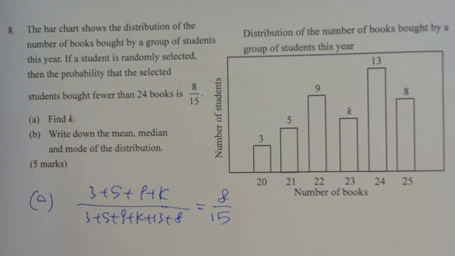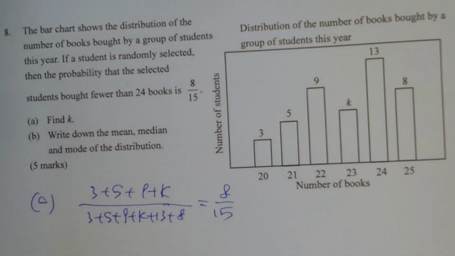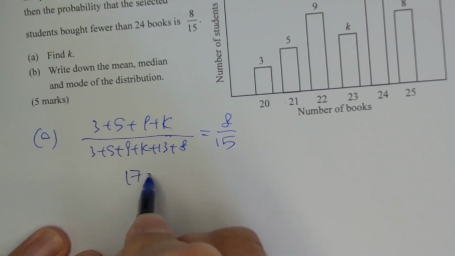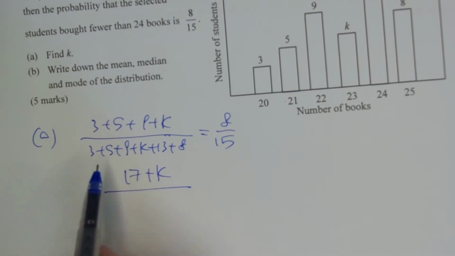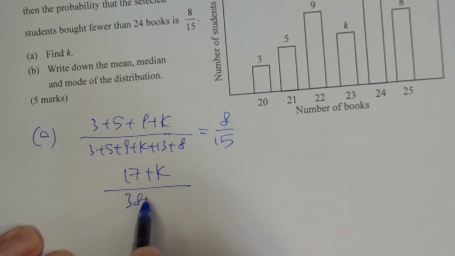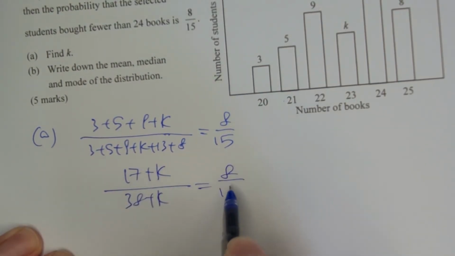And here simplify the numerator, that is 17 plus K, and then the denominator, that is 3 plus 5 plus 9 plus 13 plus 8. So 38 plus K equals 8/15.